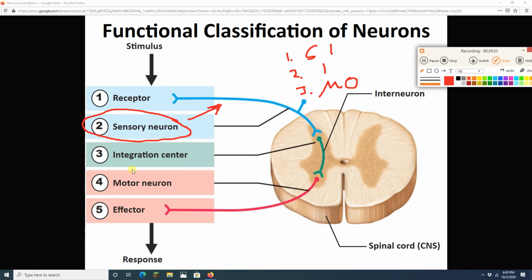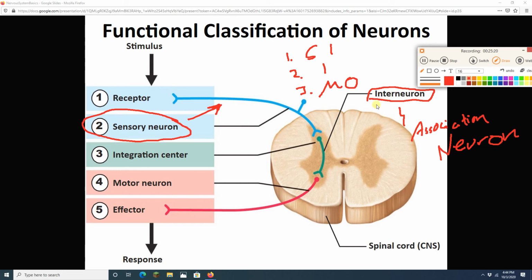Then, integration. Well, this neuron that's going to do the integration is called an interneuron. We will also see neurons like this labeled as association neurons. So the second functional type of neurons is known as an association neuron, also known as an interneuron.